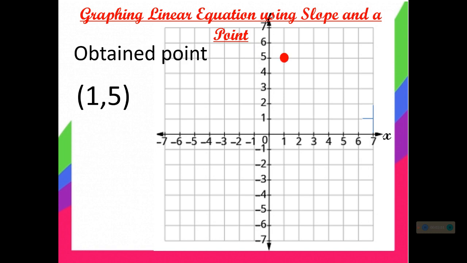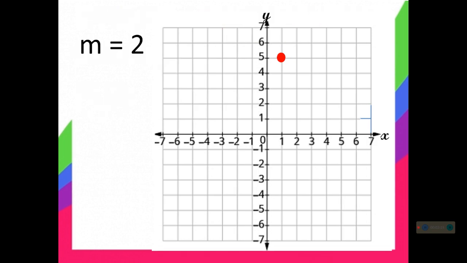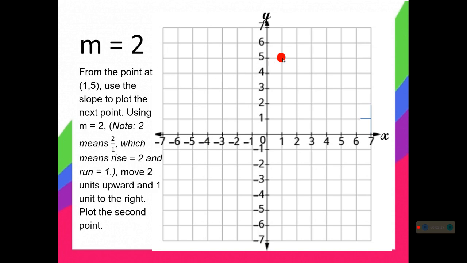Then, after plotting the obtained point, you are going to use the slope again. Since our slope is 2, from this point you count, just like we did in the previous video, 2 units upward because it is positive, 1, 2, and then 1 unit to the right.